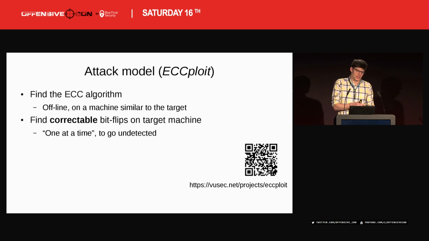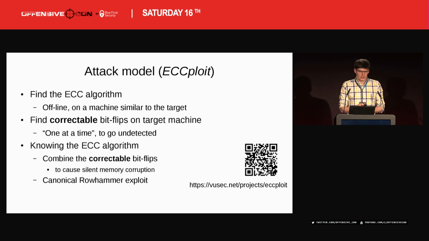Then the next step is to do some sort of online analysis and try to find correctable bit flips on the target machine. You want to do this without being detected, so it will take some time. The idea is to find one correctable bit flip at a time.